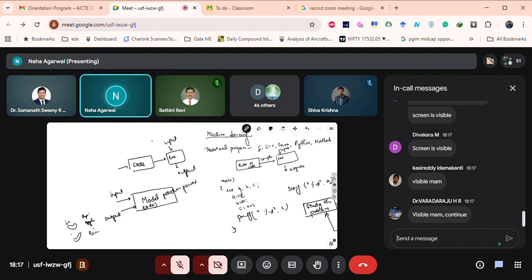But if I talk about the difference between traditional programming and machine learning models, in traditional programming we write down some fixed rules, and those fixed rules do not have any learning capacity. You have hard coded rules, and based on that you just give some input, it runs your code and gives you the output.